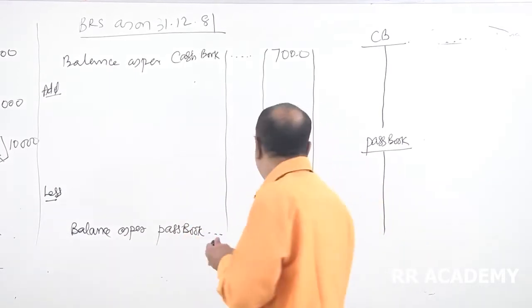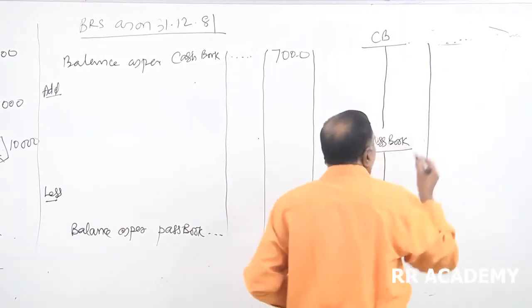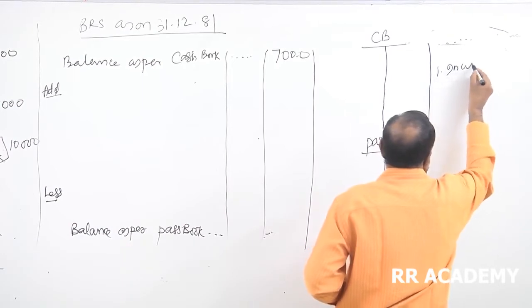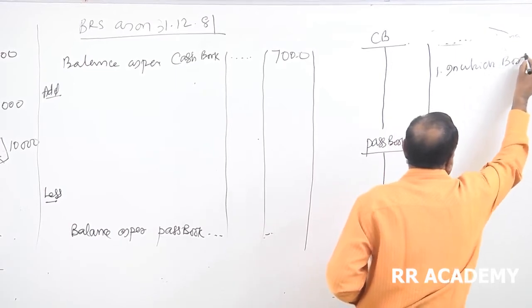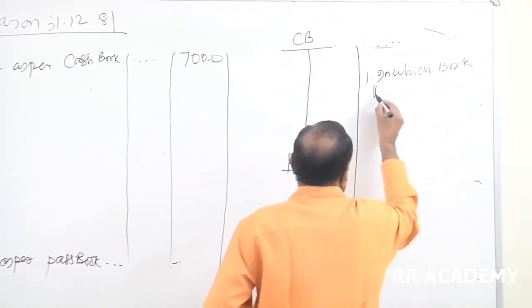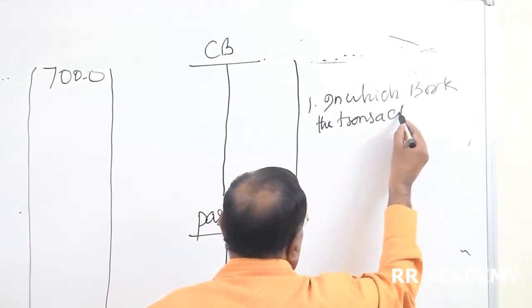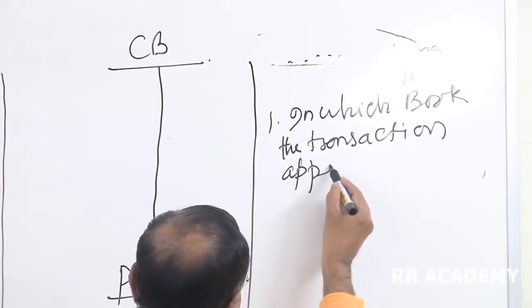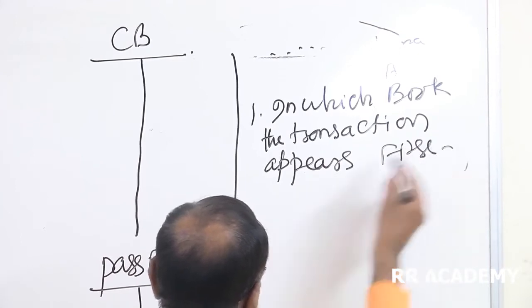Two questions you must ask. What are they? One, in which book does the transaction appear first? This is very important, appears first.